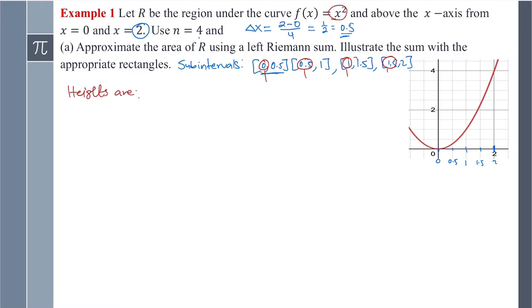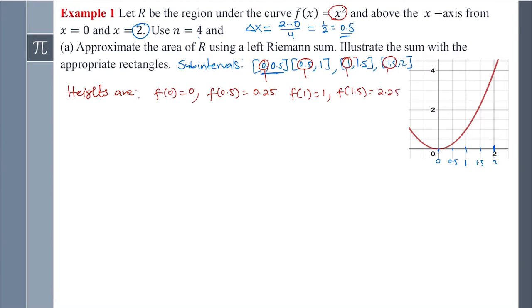So we put it here. So f of 0, which is 0. Then the second one is f of 0.5. So we'll put 0.5 here, and that gives us 0.25. Then f of 1, which gives us 1 squared is 1. The next one is f of 1.5. So 1.5 squared is 2.25.